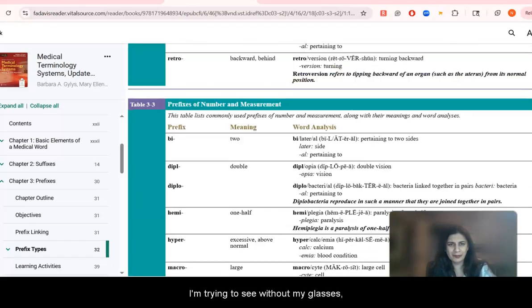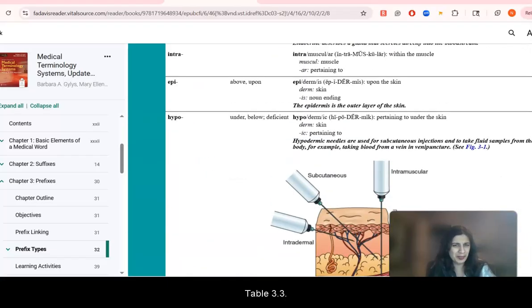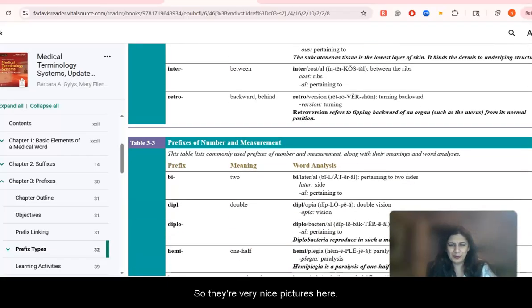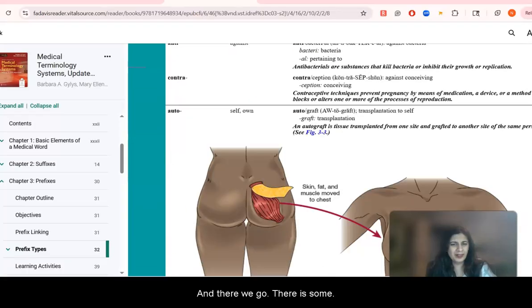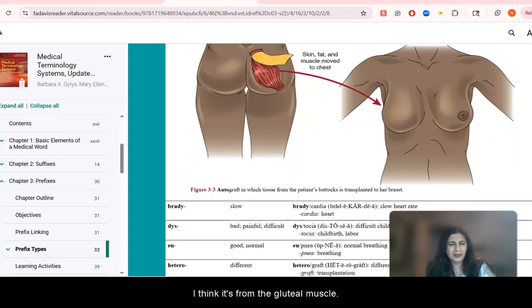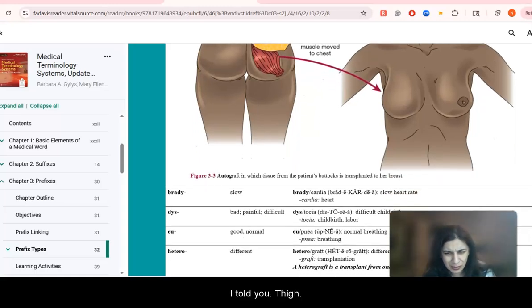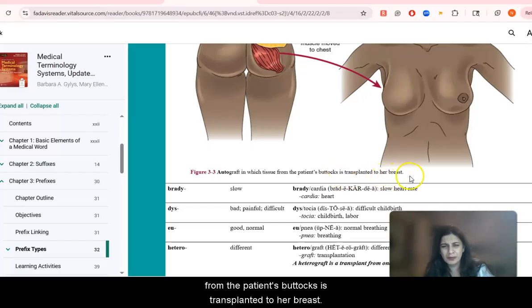I'm trying to see without my glasses, but I think I'm doing okay. Table 3.3. There are very nice pictures here. And there we go. I told you thigh, but they're saying the autograft is in which tissue from the patient's buttocks is transplanted to her breast.